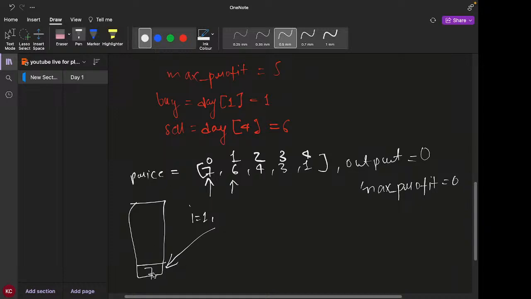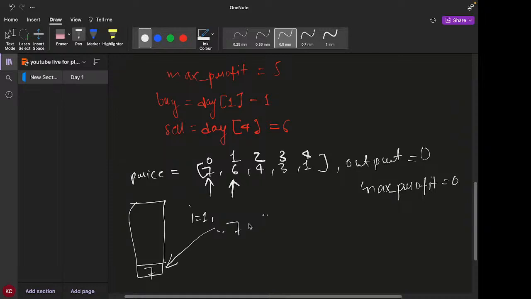Here the stack is 7. Here the top of the stack is 7 and the current element is 6.